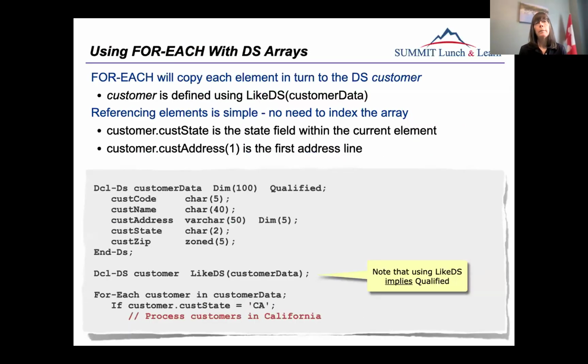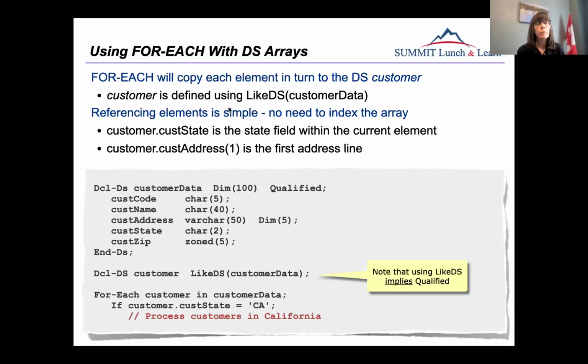It gets a little more complex, not much, when we're talking about data structure arrays. As I said, I'm assuming you're all familiar with data structure arrays, including the fact that they need to be qualified. We'll talk about that in a moment.